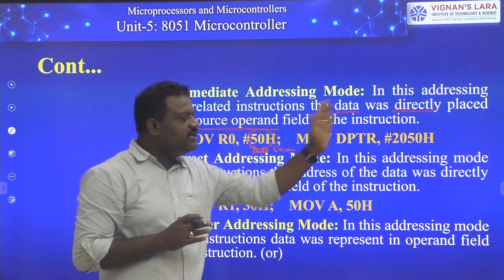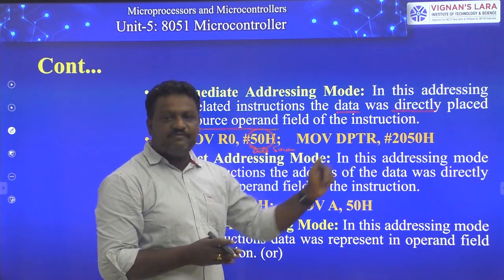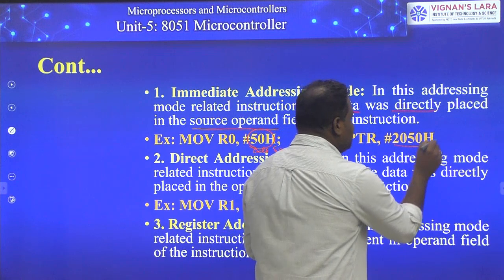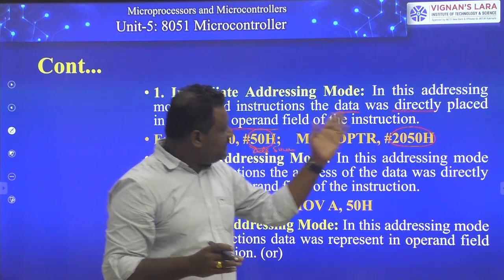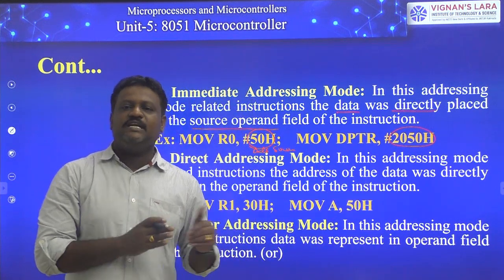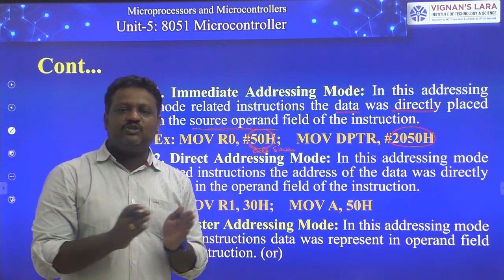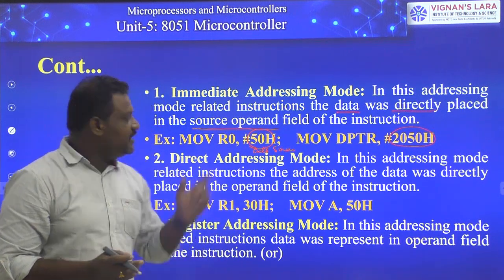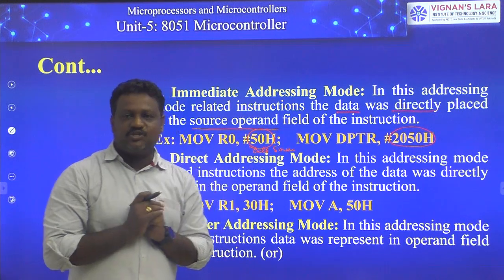Similarly, take another example, MOV DPTR, #2050h. Again, here 2050h is immediate data. This immediate data is moved to the DPTR register, the data pointer register. In these two examples, my immediate data was directly placed in the instruction.